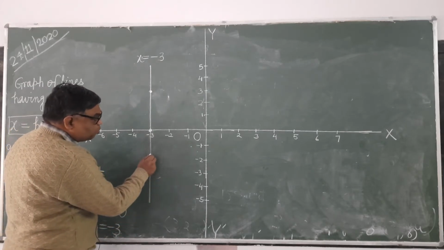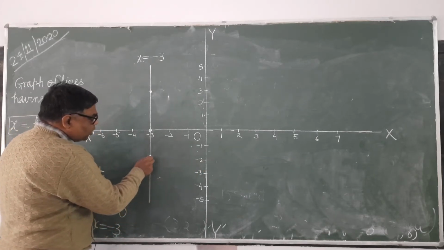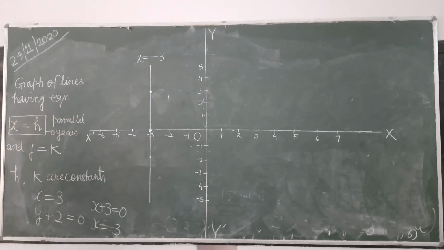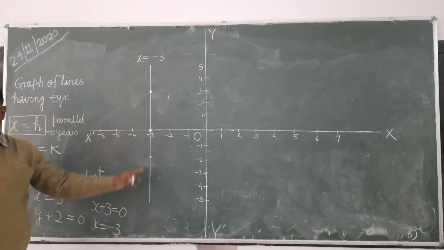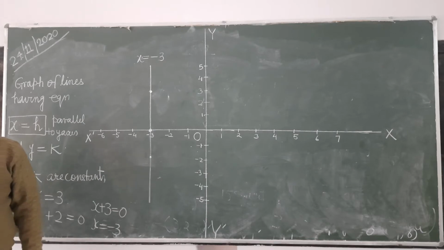If you take this point, the coordinate is -3, 3. So every point on this line will have x coordinate as -3.